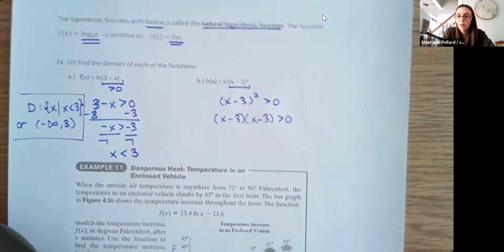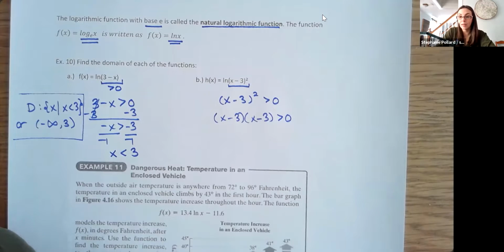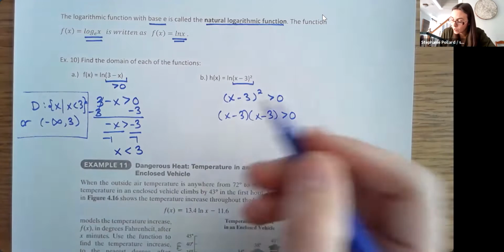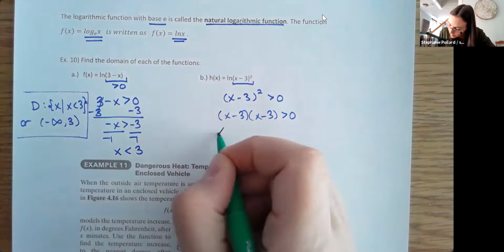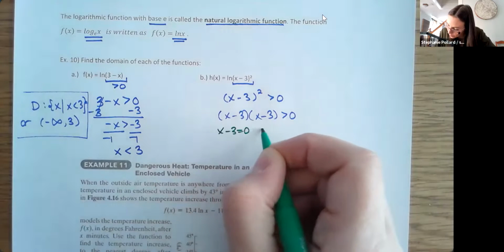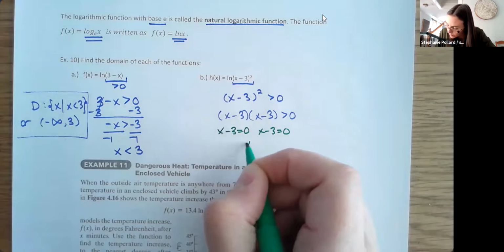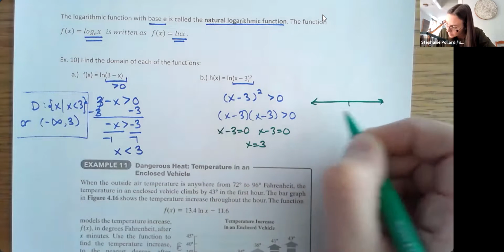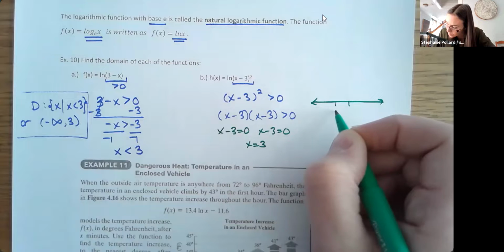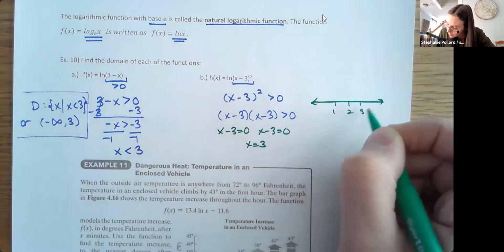So think back to how we did polynomial inequalities. What we did is we solved, let's do it in a different color, where it was equal to 0. So in each case, I get x equals 3. And remember that created a boundary point for us.